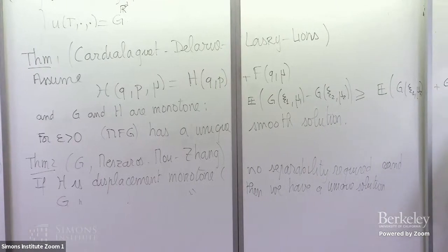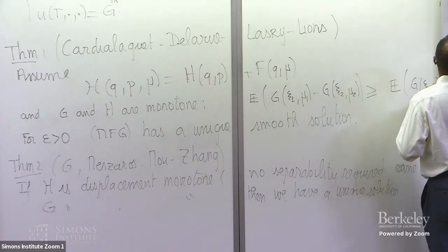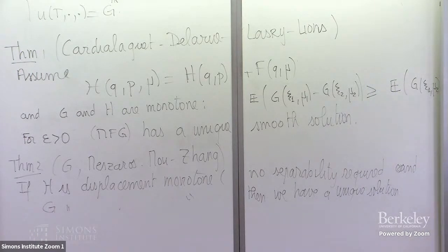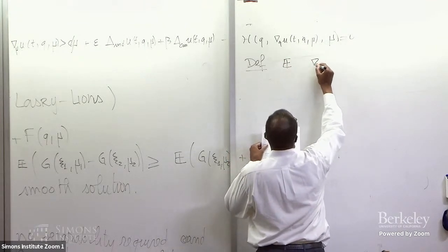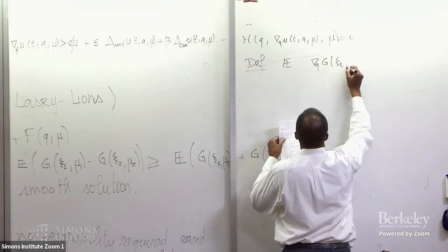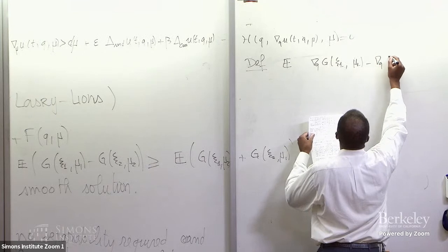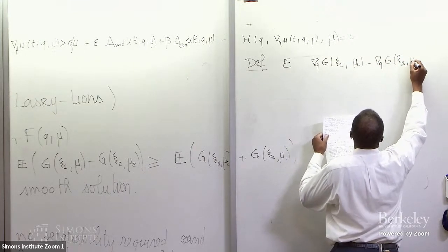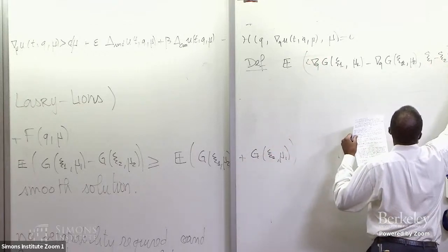So displacement monotonicity means that the expectation of the gradient with respect to q of G(ψ1, μ1) minus the gradient with respect to q of G(ψ2, μ2), multiplied by ψ1 minus ψ2, is greater than or equal to 0.